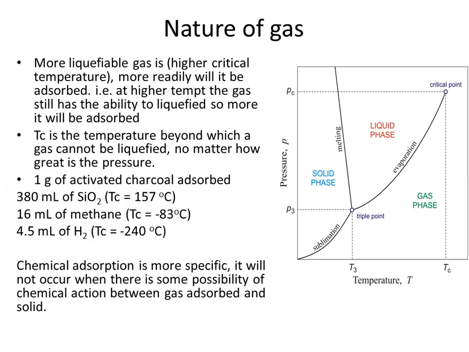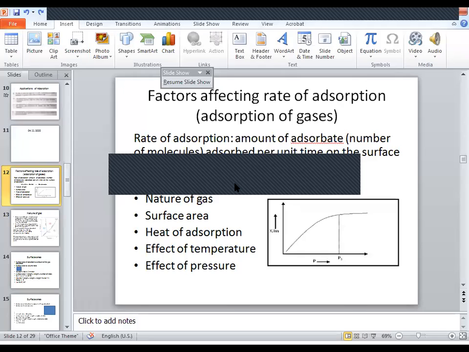In the case of hydrogen gas, it is only 4.5 ml. Why? The critical temperature is only minus 240 degrees Celsius. So this is the effect of the nature of gas on the surface of the adsorbent.